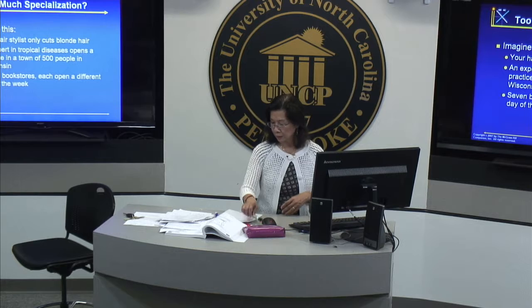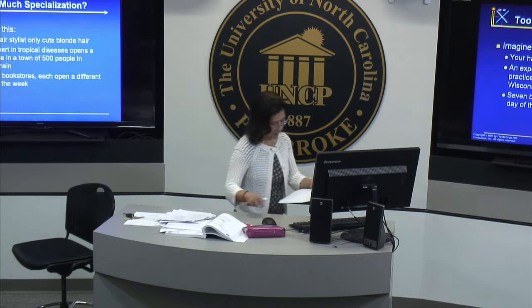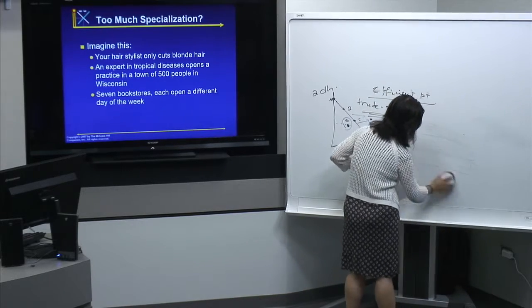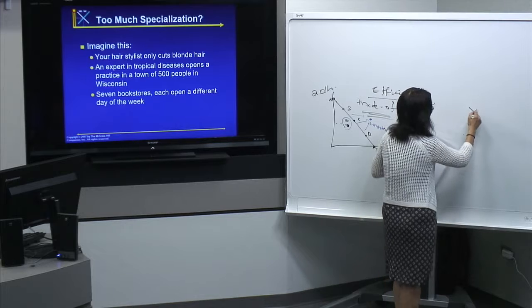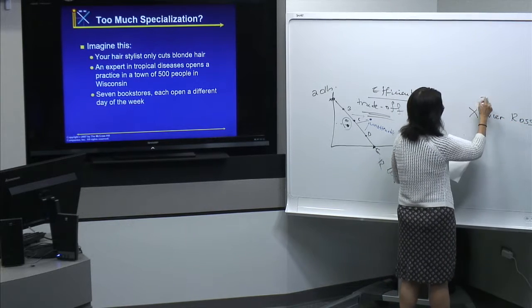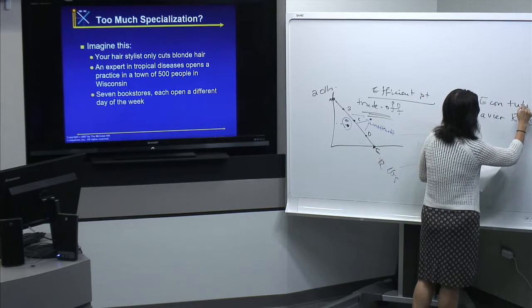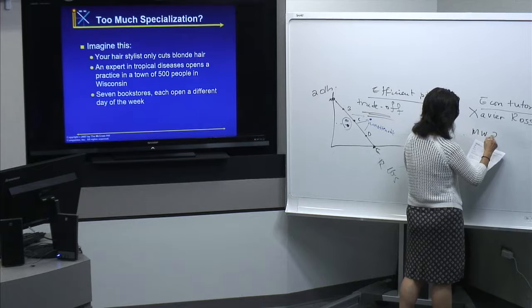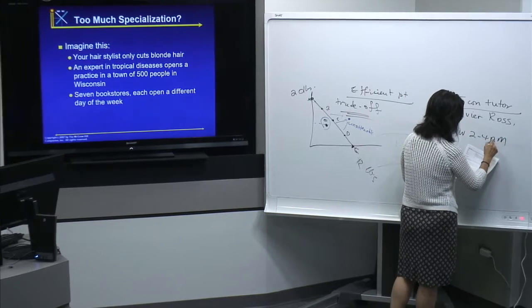Okay, speaking about that, here are the tutor's hours for economics. So please write this down. Xavier Ross, the economics tutor. His hours are Monday, Wednesday, 2 to 4 p.m. He was there yesterday.